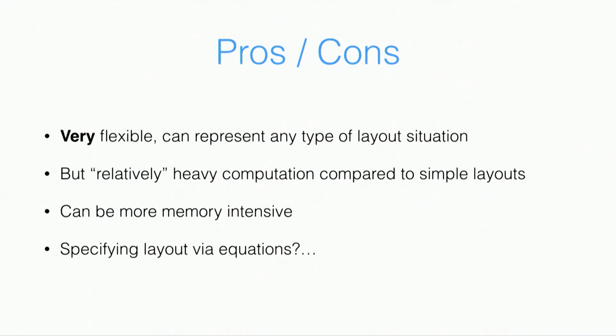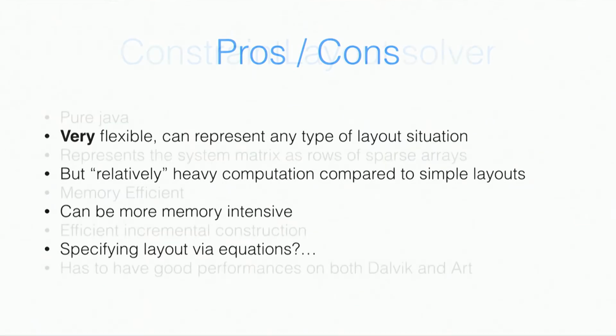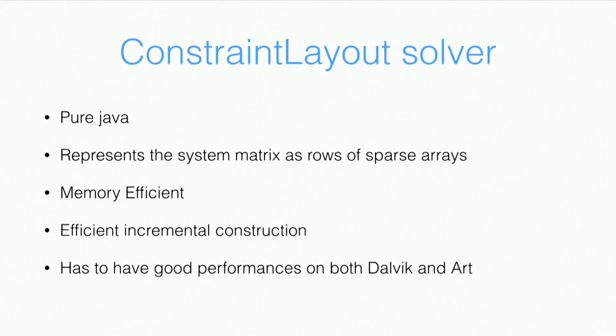And finally, there is also this little issue about specifying layouts with equations, which definitely can be very handy, but is not automatically the most familiar way that people think about UI. So for constraint layout, we actually decided to build on top of the Cassowary algorithm, but we implemented our own version.